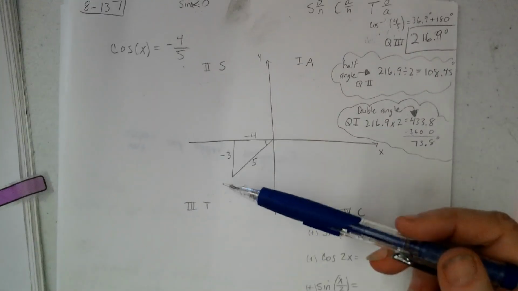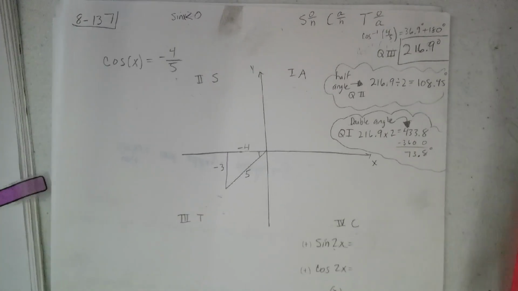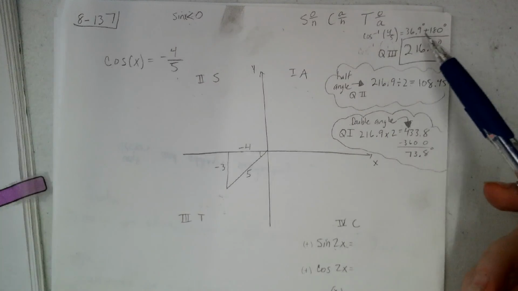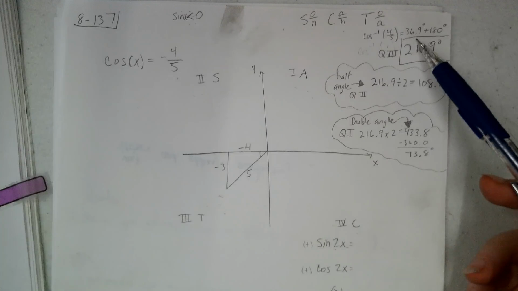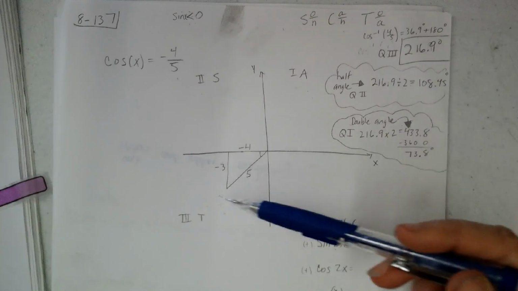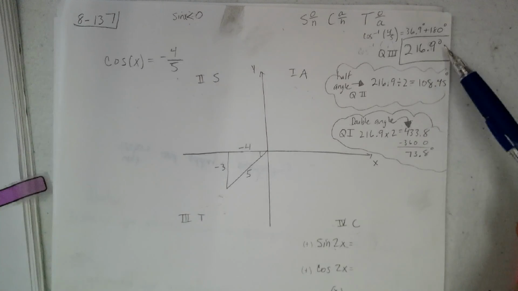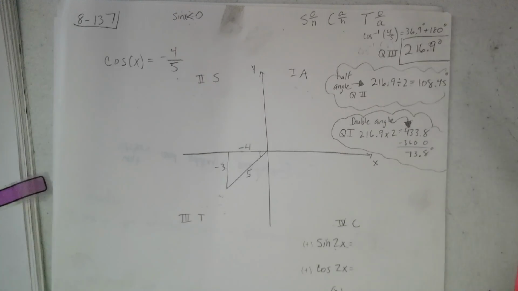So the original angle's in quadrant 3, and I don't know why I felt like finding out what it was, but I did cosine inverse just to find out that it was 36 degrees plus 180, because we know it's right here. Maybe that'll help you to understand that the half angle would be half of this angle.